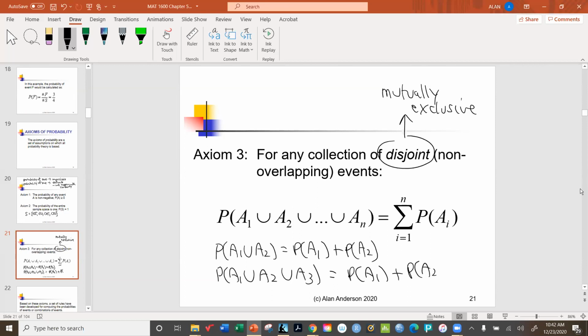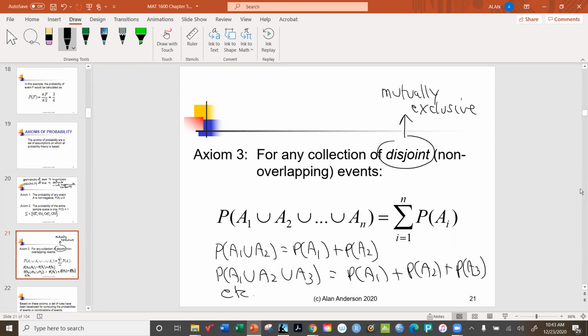Okay. So any combination of these, any union of these, now remember, they have to be mutually exclusive, means we can just add them up. Okay. So those are our axioms.